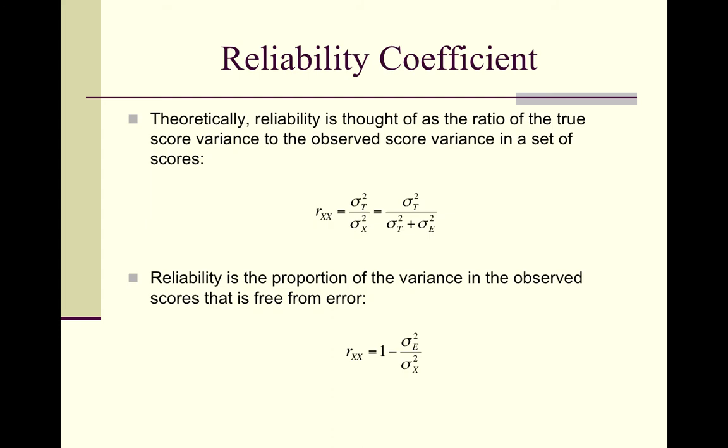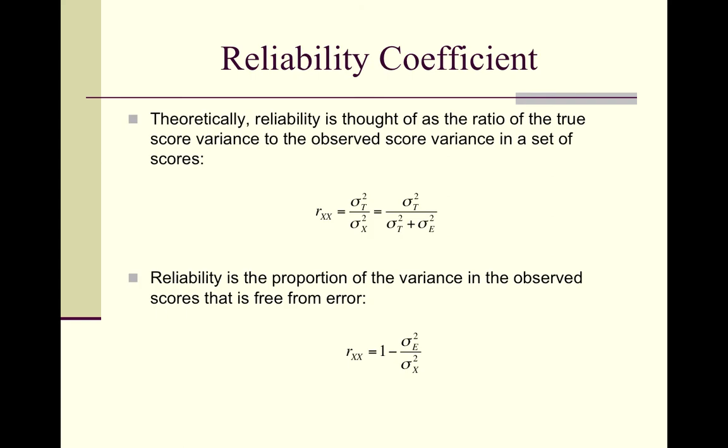Well, you can look at the partition of the sum of the variances, and unless there's no variation in the measurement error, the denominator has to be larger than the numerator.